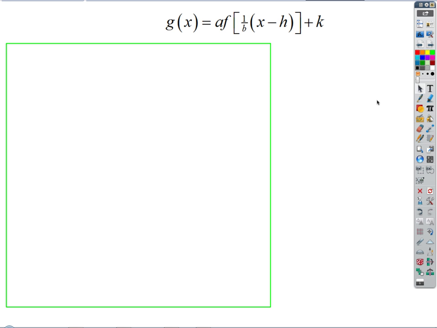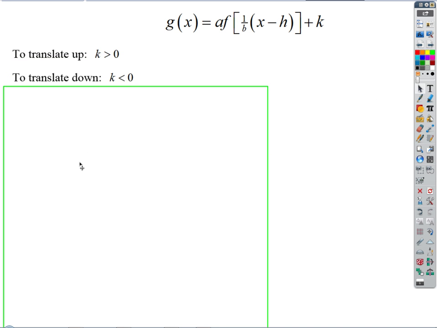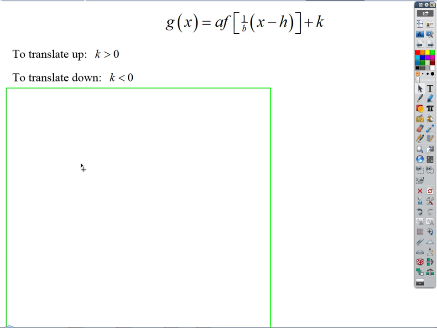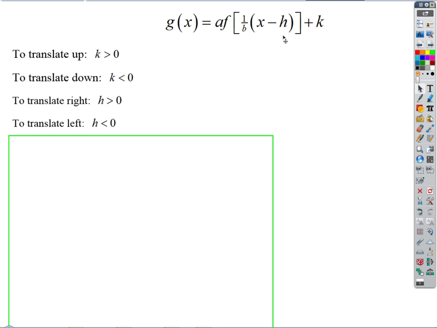What do we do to translate up? K should be positive. Translate down, K is negative. Translate right, H is positive. Translate left, H is negative. Remember, H is the number that is being subtracted from X, right? Does that make sense?